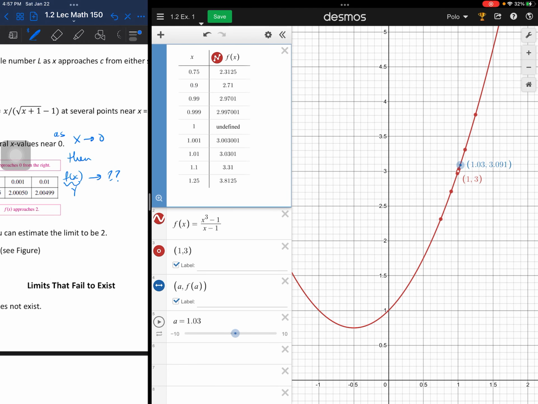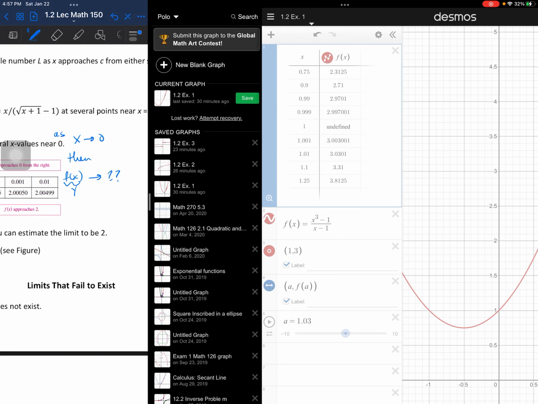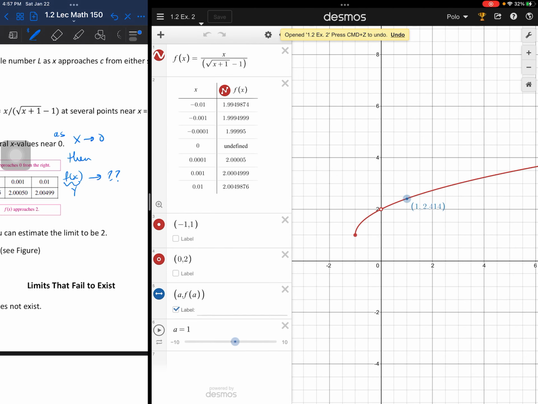I'm doing the same thing over here. I have the same example in Desmos, another example that we can work on. So it's the same problem. As x gets closer to 0, you can see my blue dot is getting closer and closer to 0.